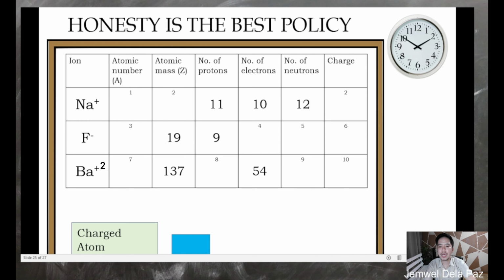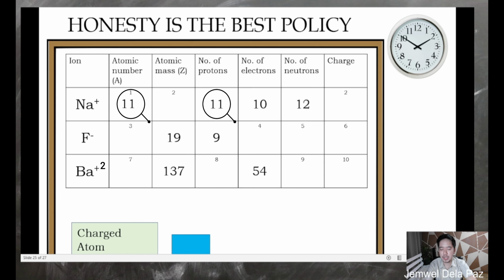Now, how can we get the atomic number of this sodium ion? The atomic number is 11. Same principle with determining the total number of subatomic particles of a neutral atom.